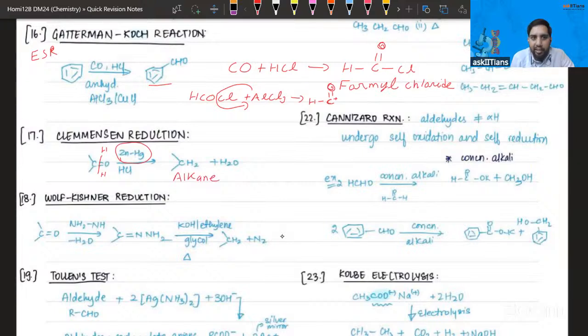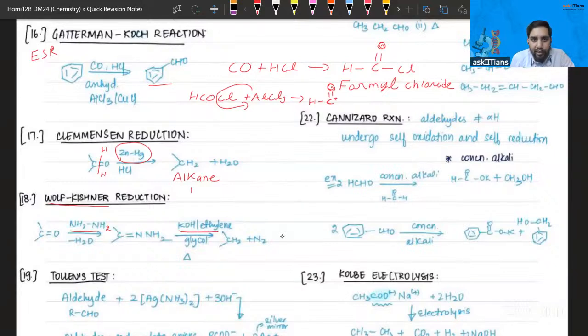There is a similar reaction which produces the same product, known as the Wolff-Kishner reaction, but the reagent is different, and this is a two-step reaction. We have to take NH2NH2, which is known as hydrazine, and then KOH and ethylene glycol.